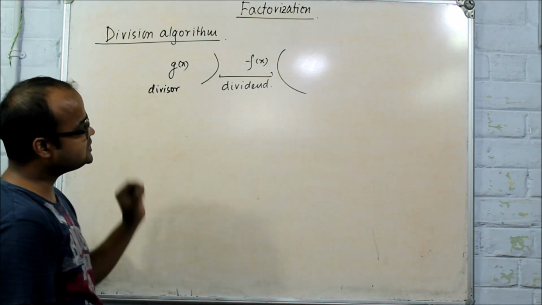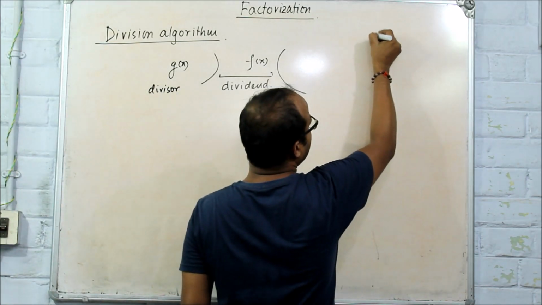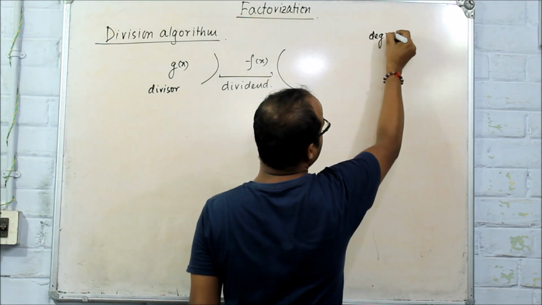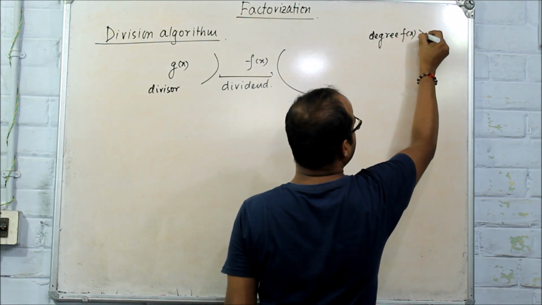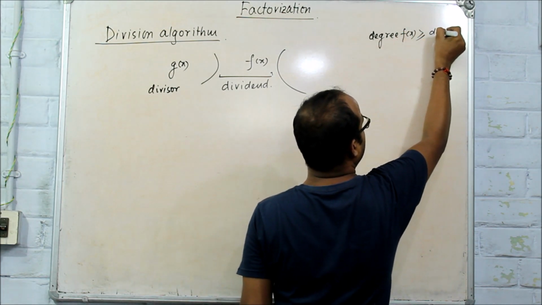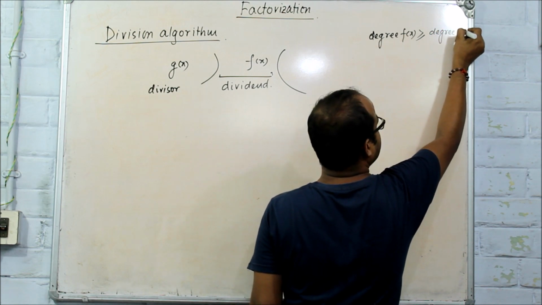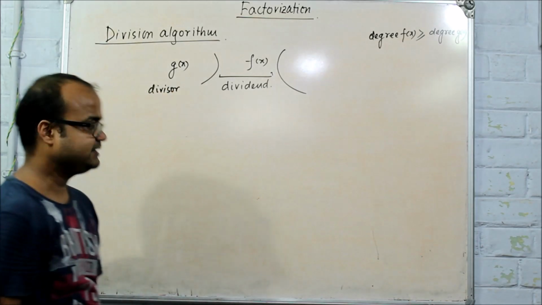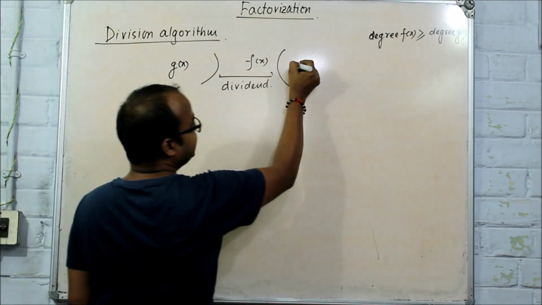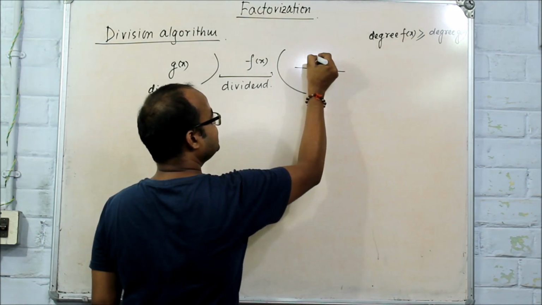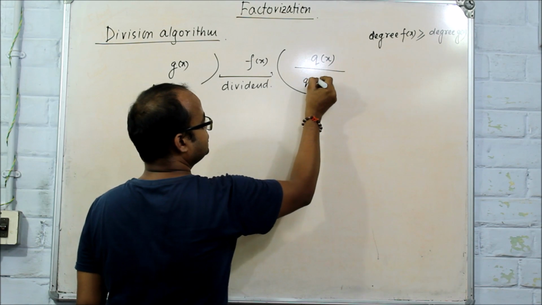Clear? So the first condition, I am writing it here: the degree of f of x should be greater than or equal to the degree of g of x. You will get some quotient here, which we represent as q of x.